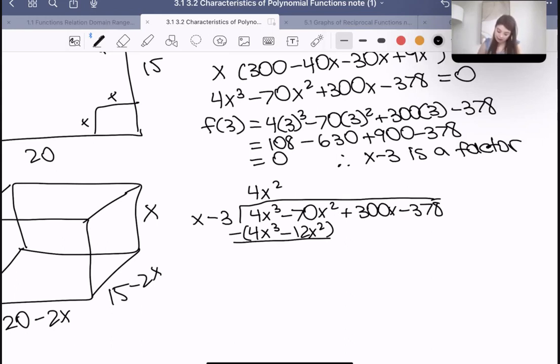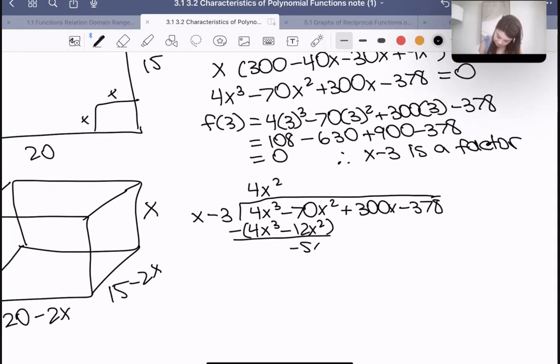And we have -70x squared minus -12x squared, which is really -70x squared plus 12x squared, which is going to give us -58x squared. And then we're going to bring down the 300x. Okay.